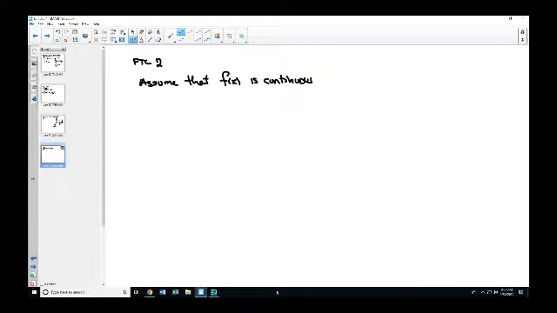Again, we're doing area calculations, so we have to have continuity. This is how your book puts this.